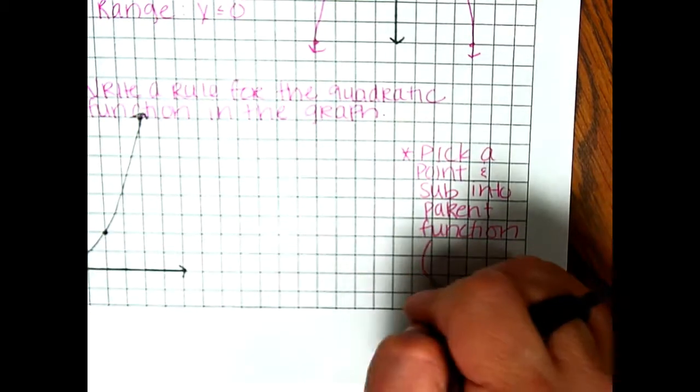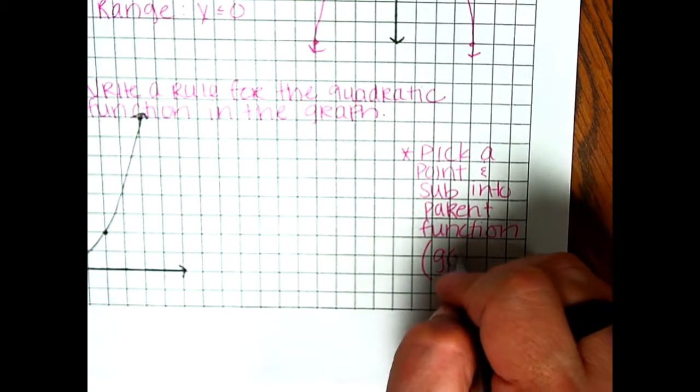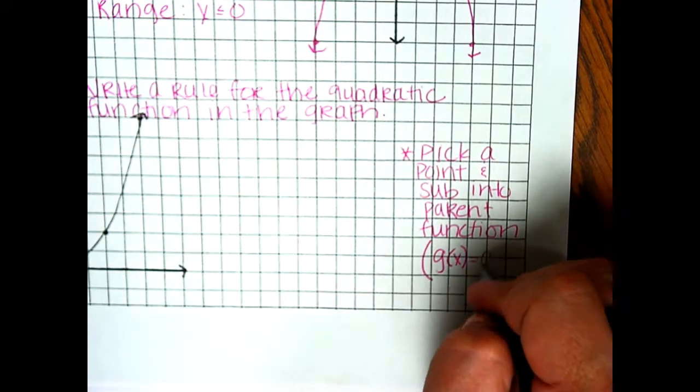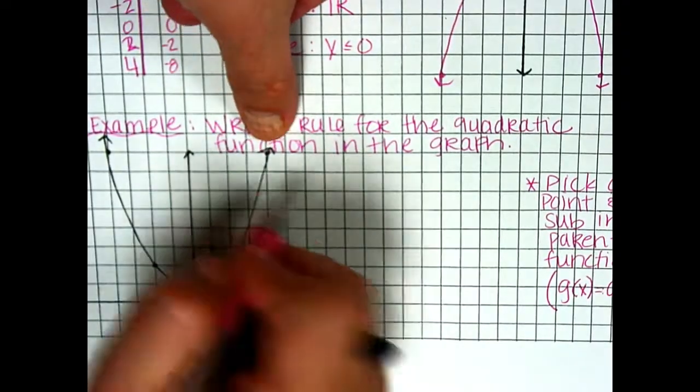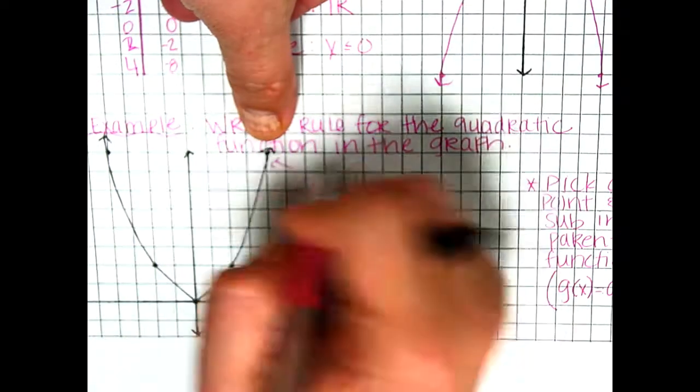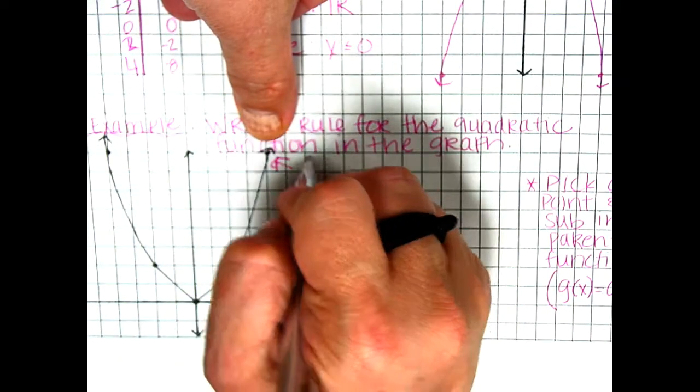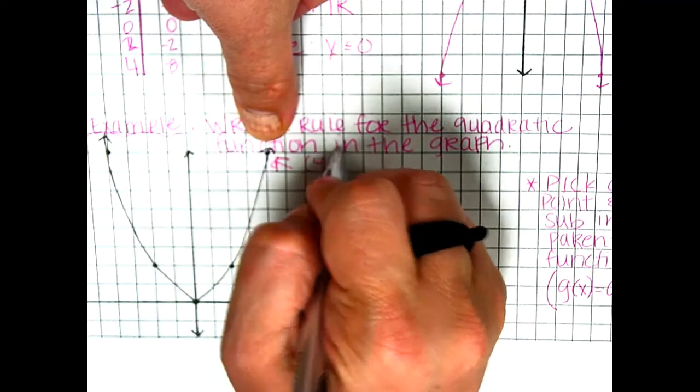Remember the parent function is g of x equals ax squared. The point from the graph that I'm going to use is 4, 8.